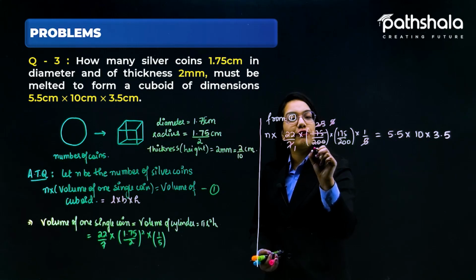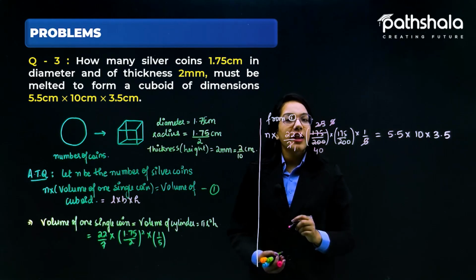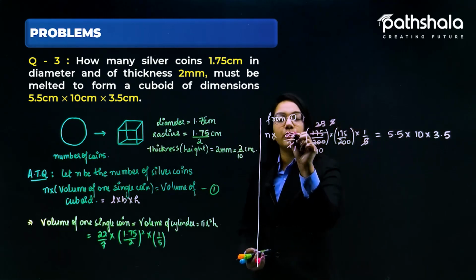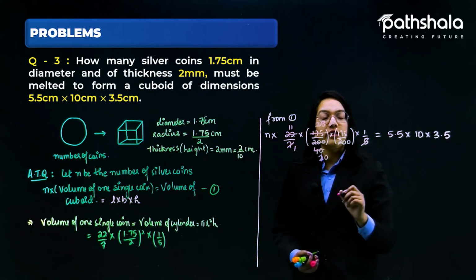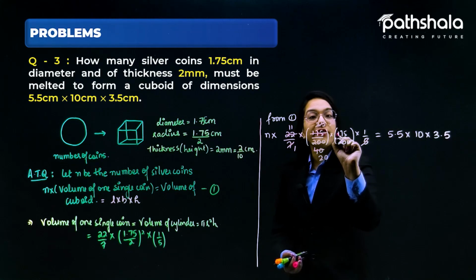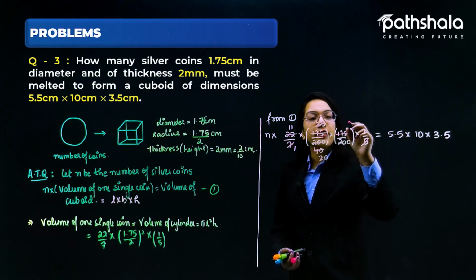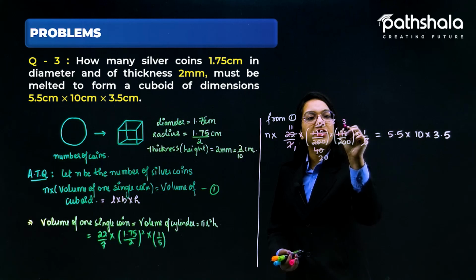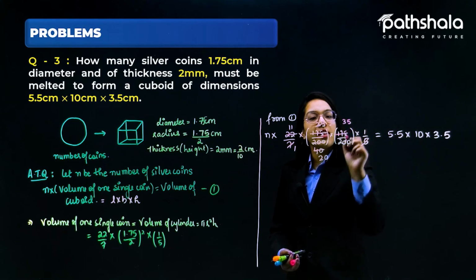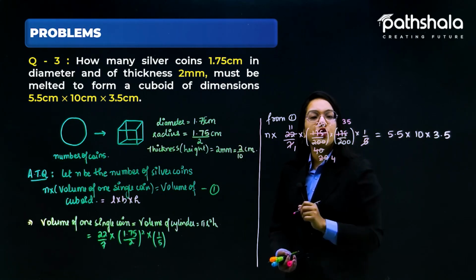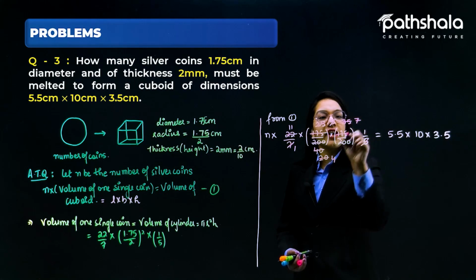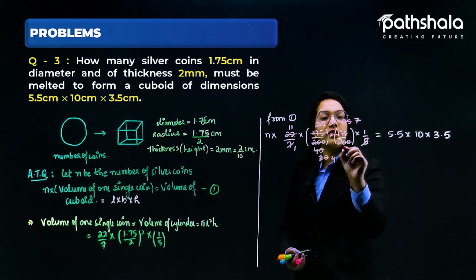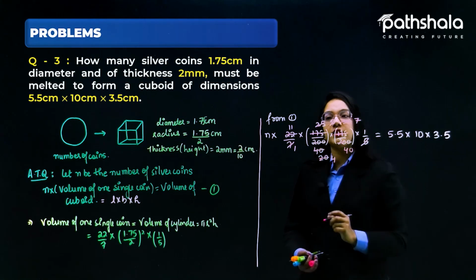So 5 and 4 is 20 and 0. Further we have 2 and 1 and 1, 2 and 2 is 4 and it is 0. Further we have 5, and 5 and 3 is 15, and this is 5 again, and 5 and 4 is 20. So further we can sort it out as 5 into 7 is 35, 5 into 4 is 20, and we have this value as 0.